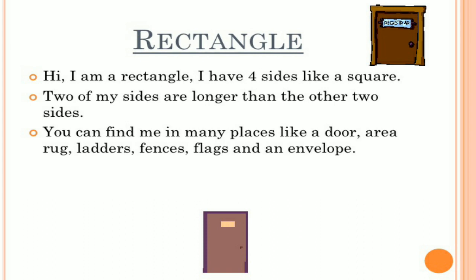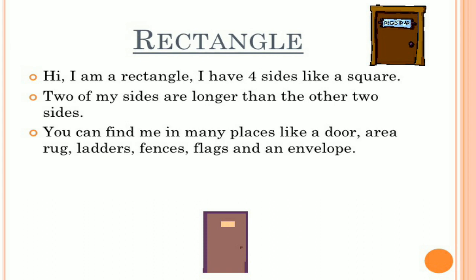Our table, our door, blackboard, and our cupboard are also rectangle shapes. We find so many things all around us are a rectangle shape. So a rectangle has four sides, two sides are long and two sides are short. So students, you all understand about a rectangle.